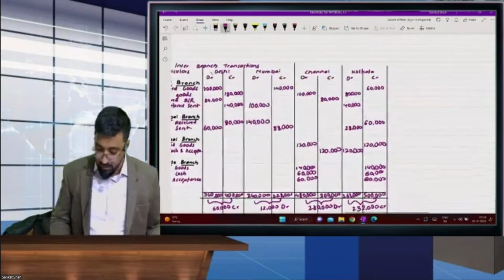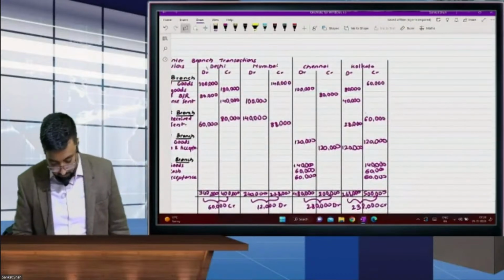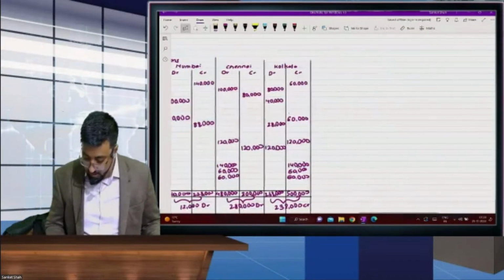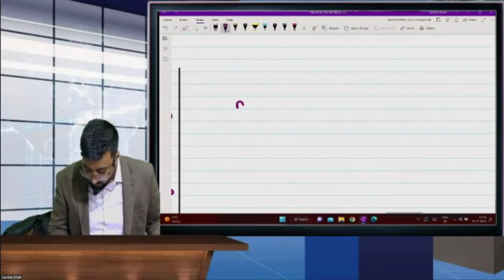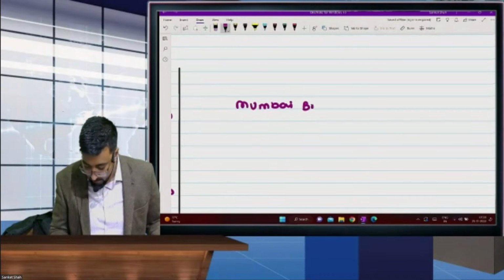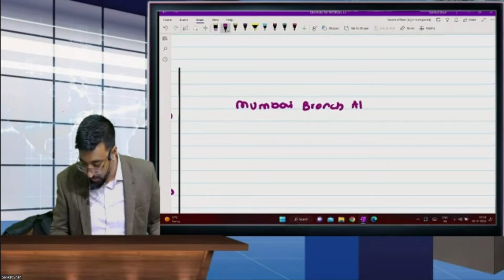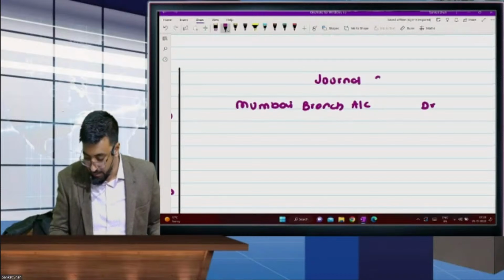So net entry will be Mumbai debit, Chennai debit. Mumbai branch account debit, journal entry. This is the main answer.